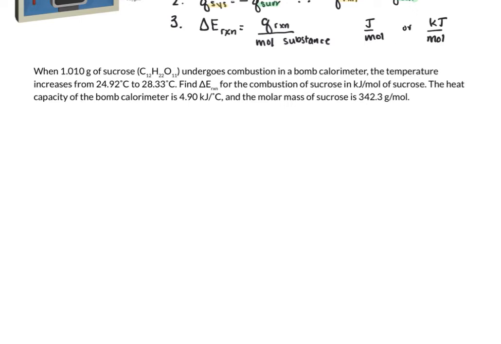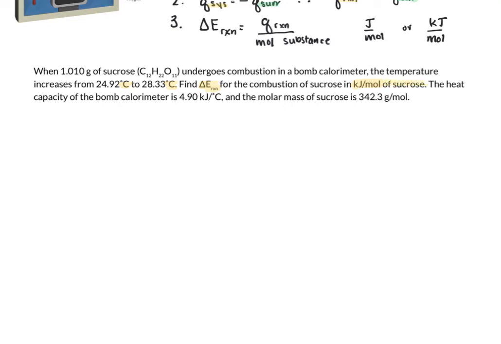So something to note when we start, let's take a look at our units here. What do you notice for units? Well, notice that for temperature, we're in degrees C. And then it's asking for delta E of our reaction. It wants it in kilojoules per mole of sucrose.